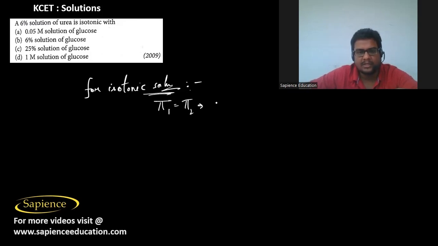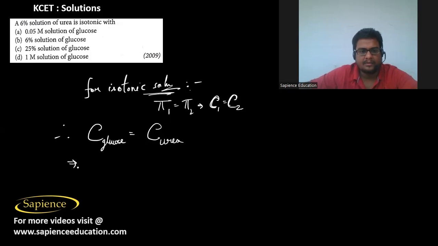It means that the concentration of the first solution should be equal to the concentration of the second solution, or I can say the molar concentration of the first solution should be equal to the molar concentration of the second solution. Therefore, the molar concentration of the glucose solution should be equal to the molar concentration of the urea solution.